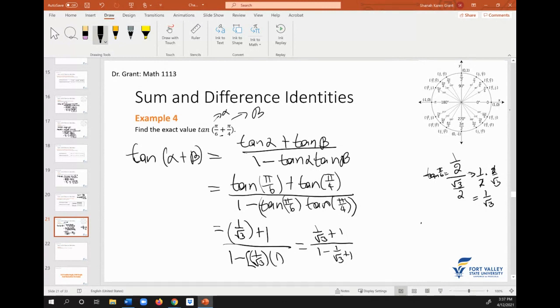So for my numerator, well, just like you would have to get the same LCD, I'm going to multiply this by root 3 over 3. And so this is going to become 1 plus root 3 over root 3. So that's going to be my numerator.